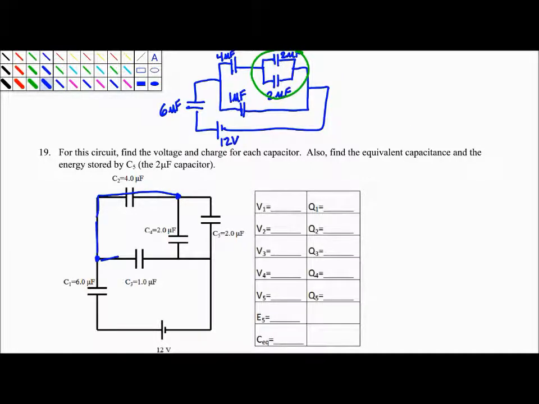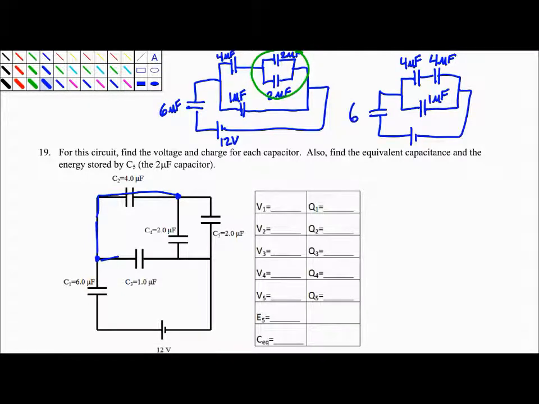So if I redraw this, I have my 12, my 6, a 4, and a 1. Excuse me, not 1. This is 4 microfarads. 4 microfarads. And then this is a 1 microfarad. And then that goes back.